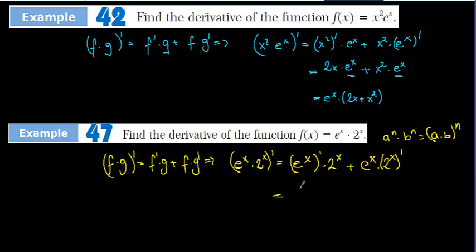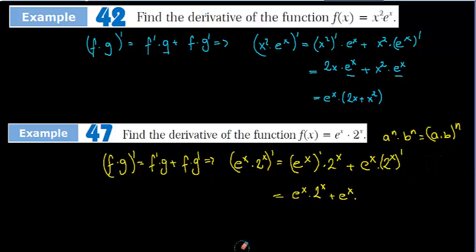Okay, here e to the power of x, the derivative is equal to itself, so we have 2 to the power of x plus e to the power of x times 2 to the power of x derivative.